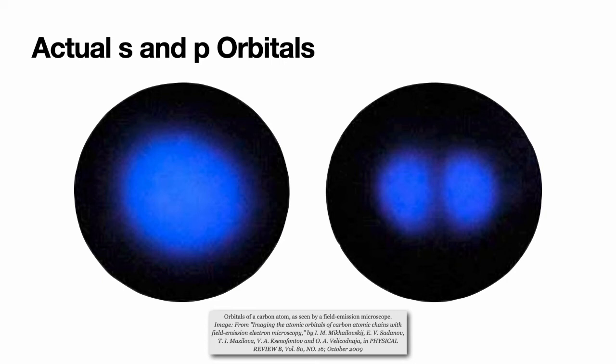But back in 2009, a group of scientists used new technology, new then, we're even better now, to look at what the orbitals would look like. And remember how I said you should put a bunch of different dots to represent the location of the electron? That's what this is. They're measuring the location, quote unquote, of the electron over time. And notice how it gets fuzzy out here, right?